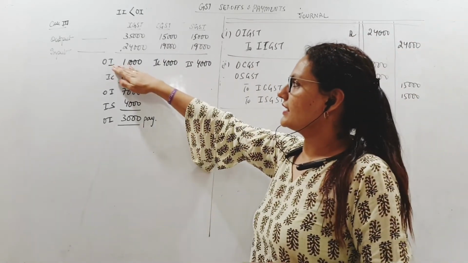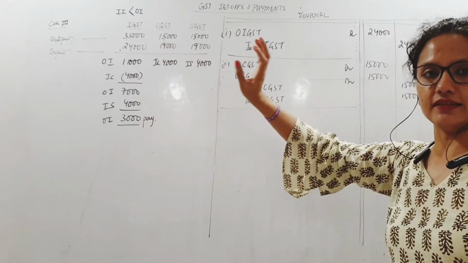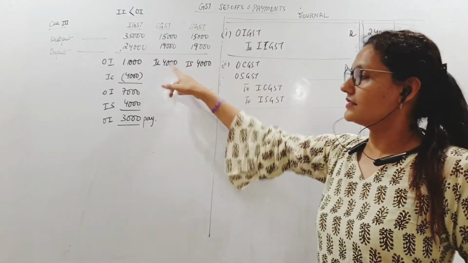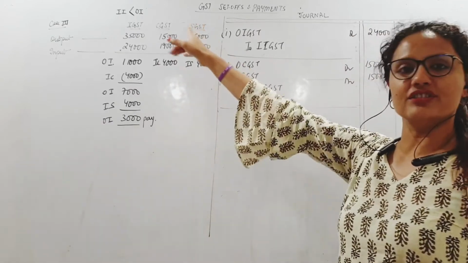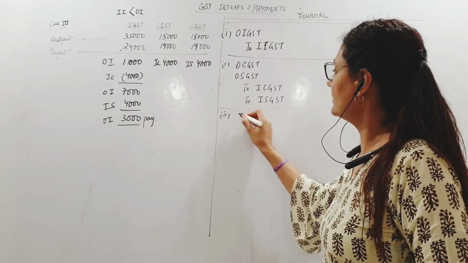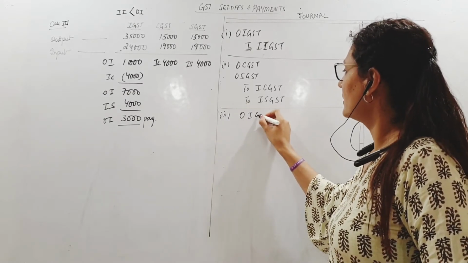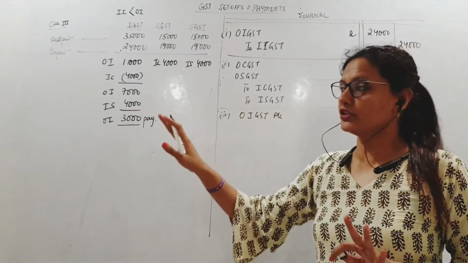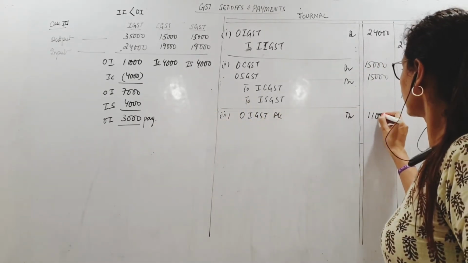Now we are utilizing output IGST, the surplus extra 11,000, to write off this input extra of CGST and then SGST. So I am doing in the third entry output IGST account debit. Now I have to fully finish it off, right? 11,000.